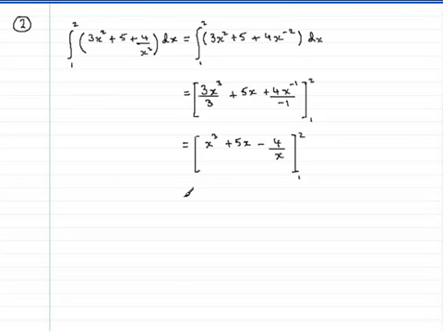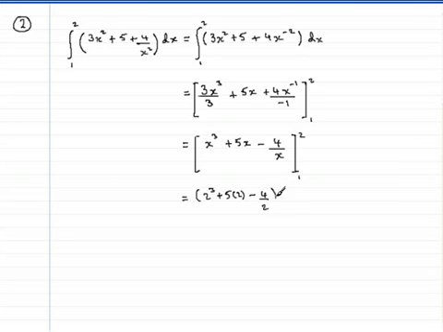And then we just need to substitute for 2. So 2 goes in first, 2 cubed, and then we have 5 times 2, so plus 5 times 2, and then minus 4 over 2.